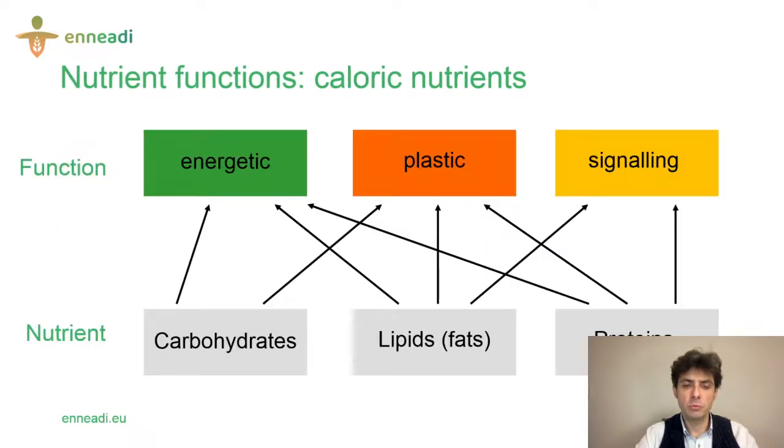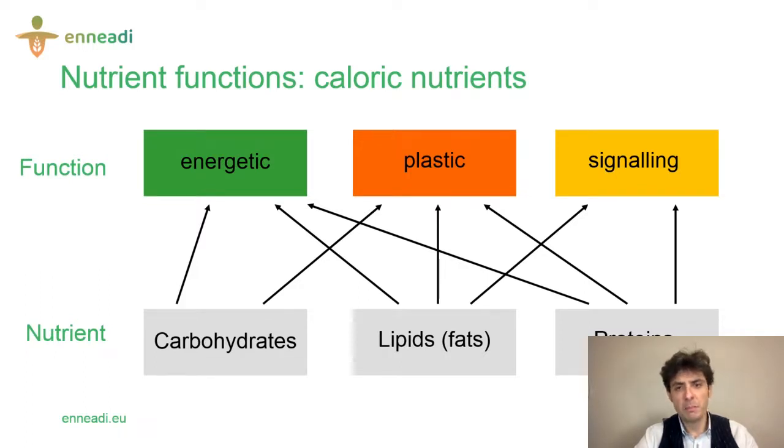So, to look at this concept in a diagram, we can say that carbohydrates, lipids, and proteins have most functions. All of them participate in the energetic function, so they provide energy.